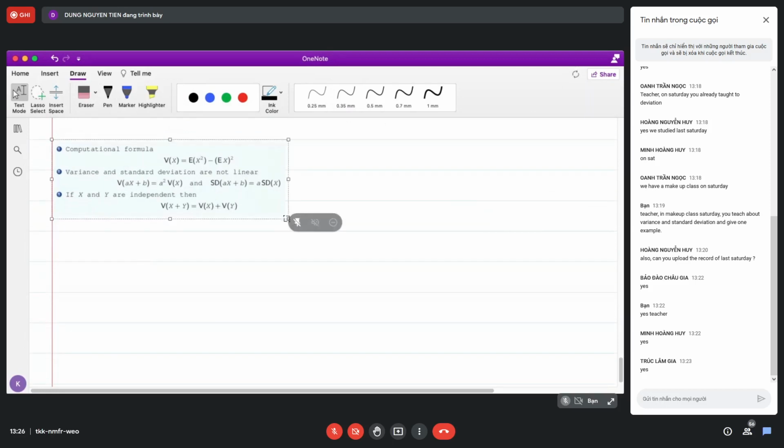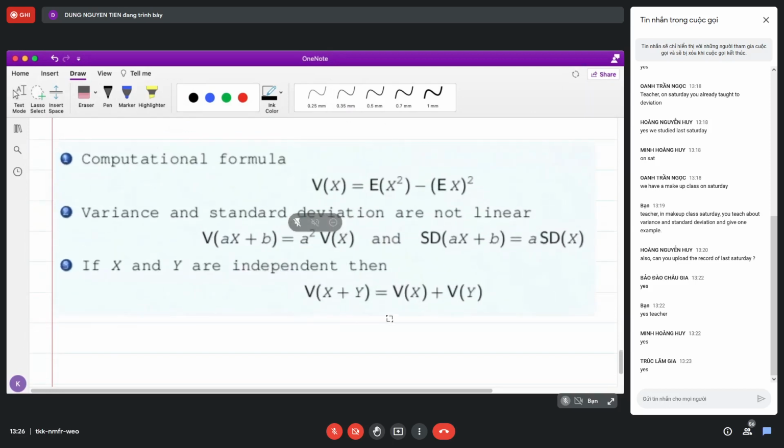So this is the summary of what I just mentioned. The variance of x is the same as the mean value of x squared minus the square of the mean of x. The variance of ax plus b is a squared times the variance of x. And if you apply the square root on both sides of this equation, you should get the standard deviation of ax plus b is equal to the absolute value of a times the standard deviation of x.